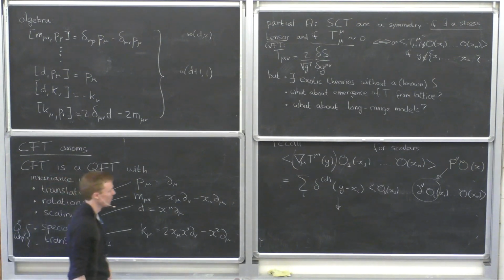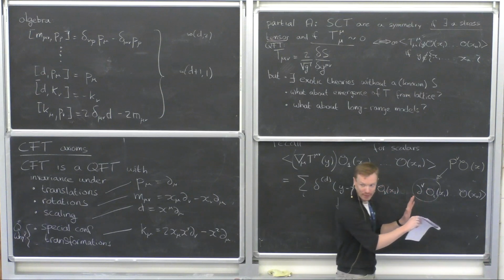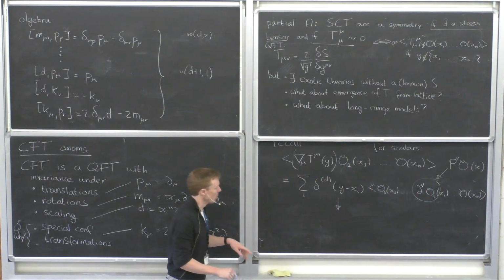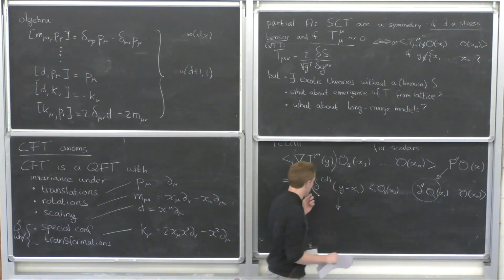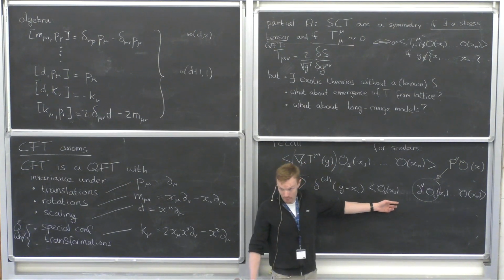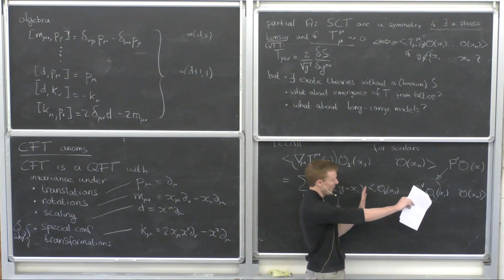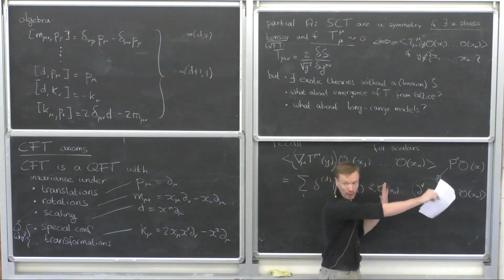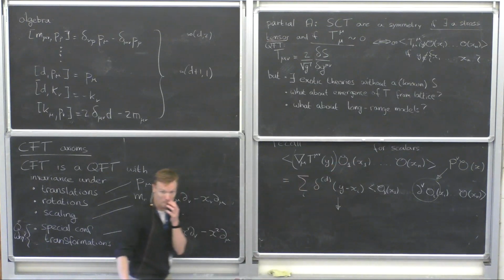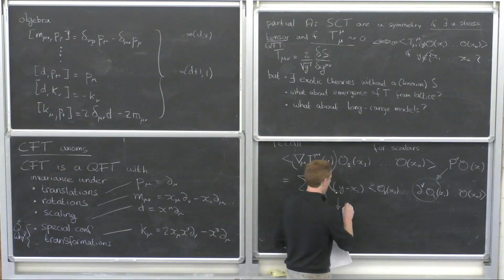I need to get somehow that if I move all the operators a little bit to the right, then it's fine, right? So I want to get this, but without the delta function, and I want to get it to be 0. Because if I have the sum without the delta function, and I say that that is 0, then I have moved every operator a little bit. That's the first order effect of a translation. So what do I do to get rid of a delta function? Well, I just integrate.